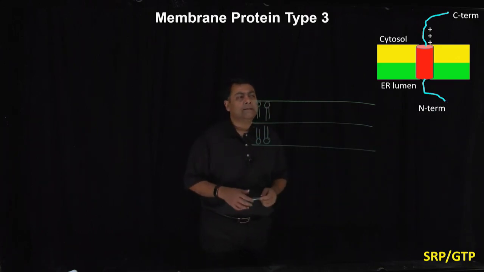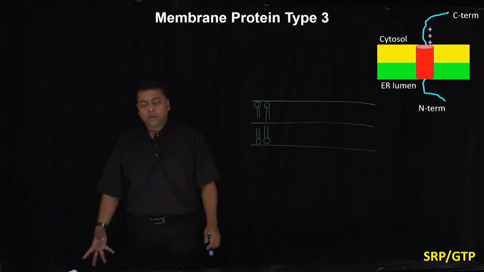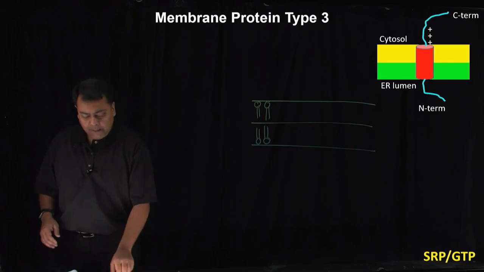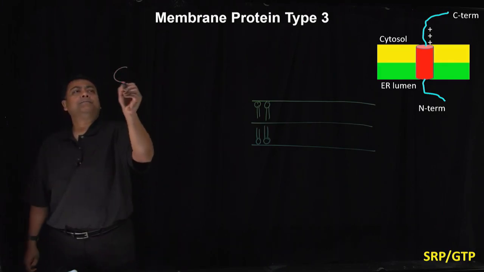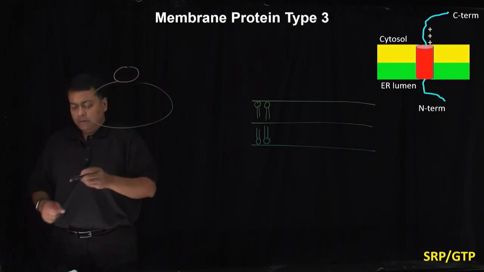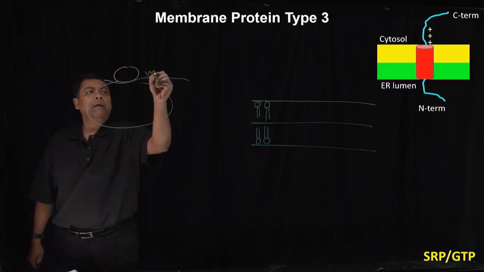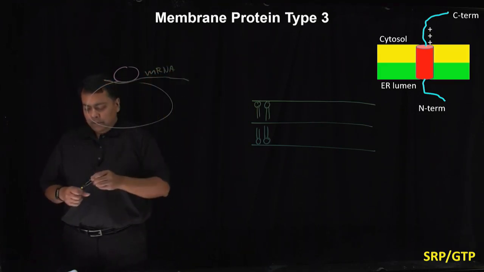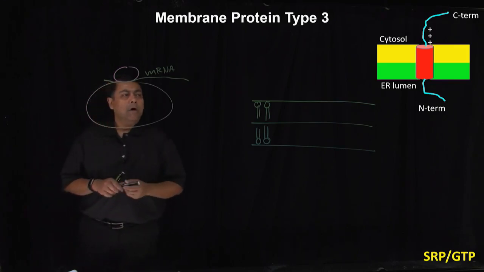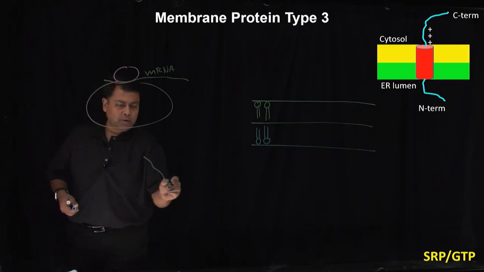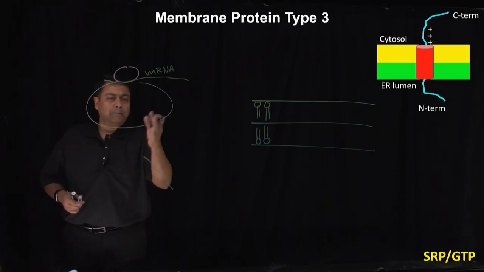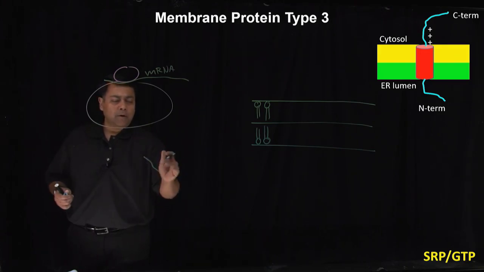So how is this essentially being synthesized? Let's start with the same process. You have the ribosome right here, and it's reading its mRNA, and you have the first portion of the N-terminal extruded out. Rather than drawing two pictures, just one is good enough.